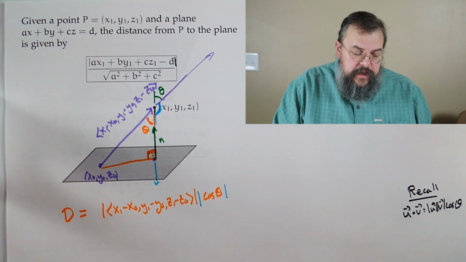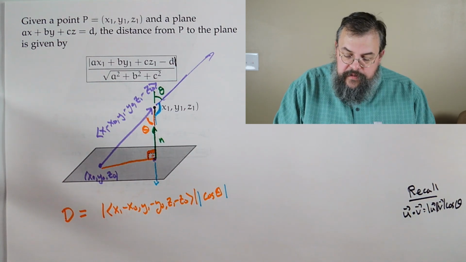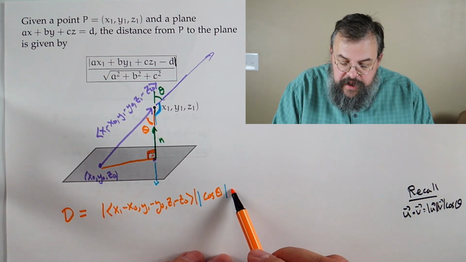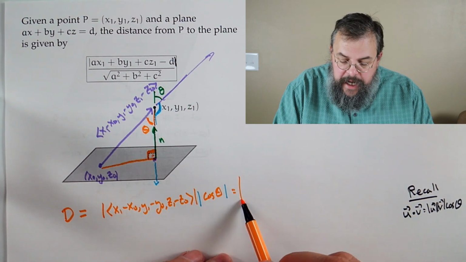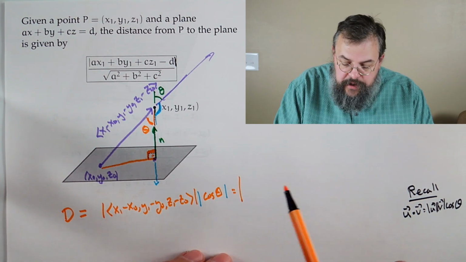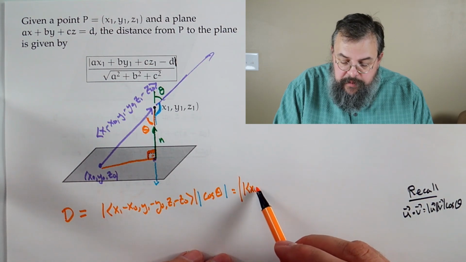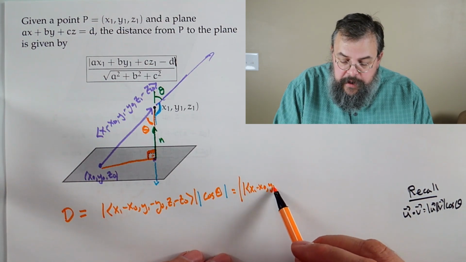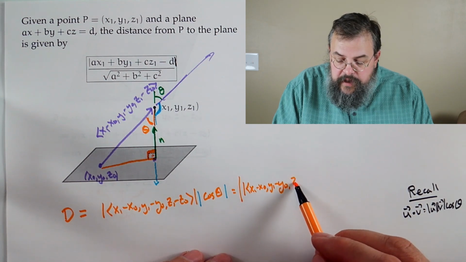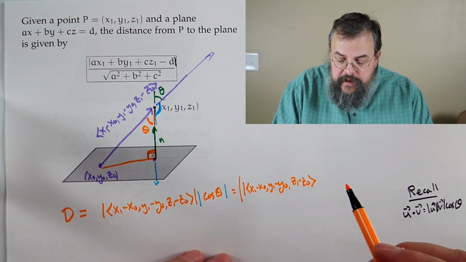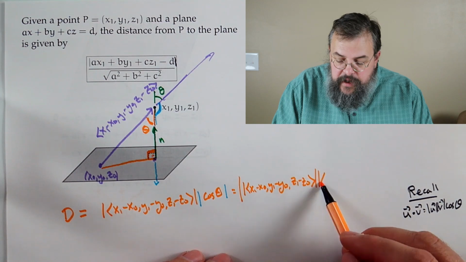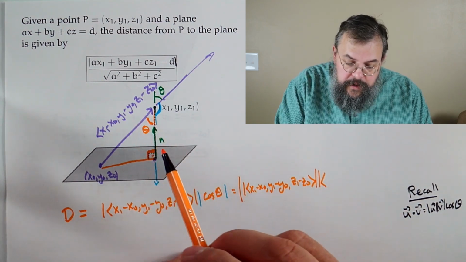So we say, okay, easy to fix. This will become, and I'm going to put the absolute value attached to the whole expression, the absolute value of the magnitude of x1 minus x naught, y1 minus y naught, z1 minus z naught, times the magnitude of the normal vector. Well, what is the normal vector?